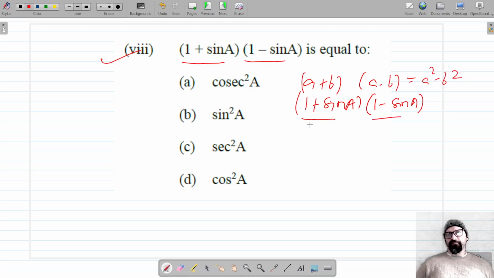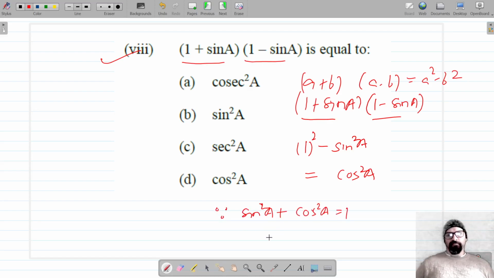So this becomes A square minus B square. A is 1 and B is sine A, so 1 minus sine square A, which is equal to cos square A, because we know that sine square A plus cos square A is equal to 1.